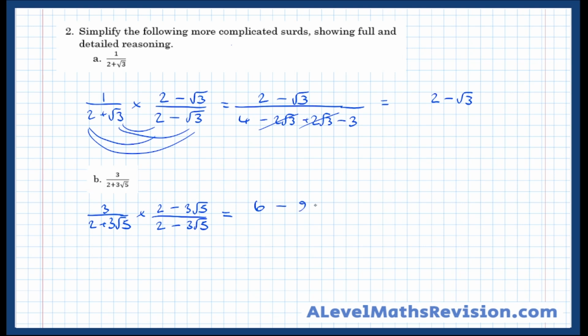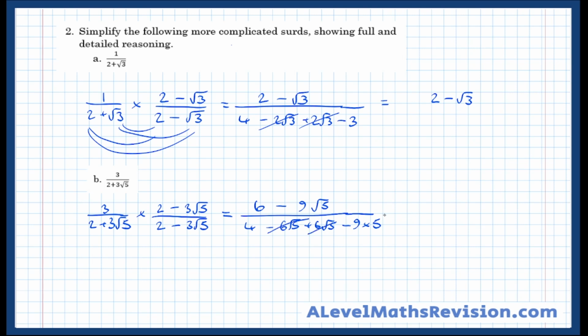minus 9 root 5, times both those by 3, divided by, and we've got 4 minus 6 root 5 plus 6 root 5 minus, so we've got 3 times 3 is 9, and root 5 times root 5 is 5.